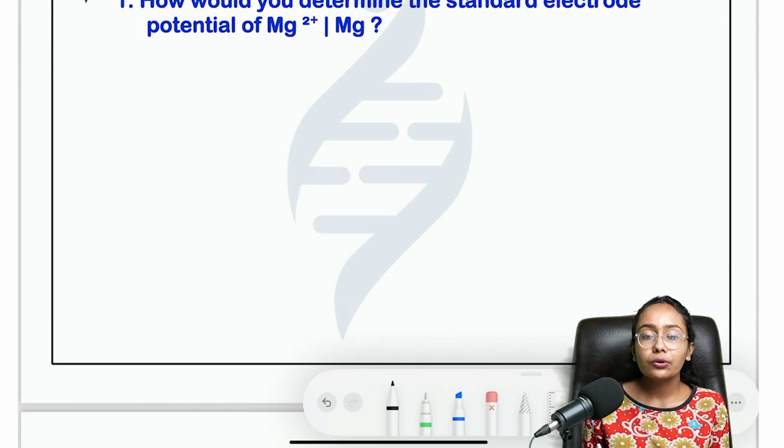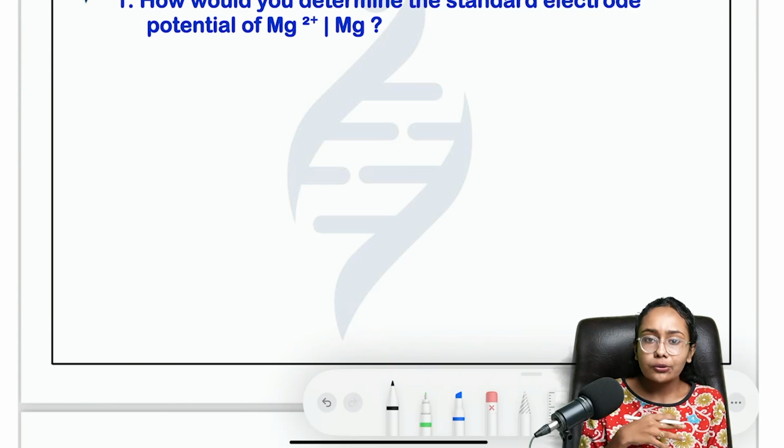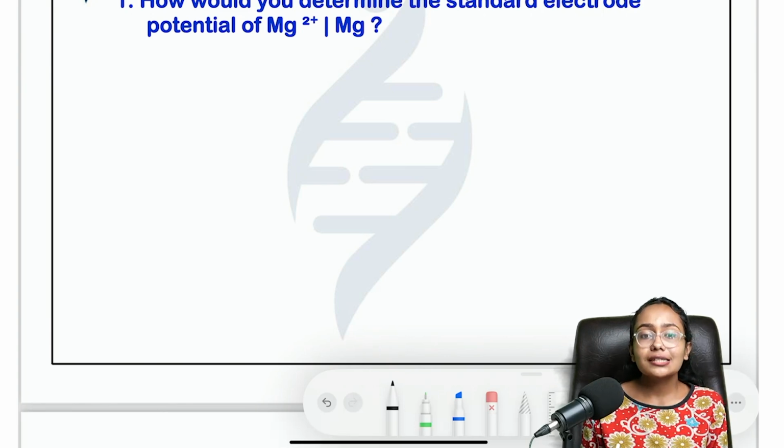I've already discussed in the previous session that if you are unaware of the electrode potential of any electrode, in this question magnesium, what will you do? You'll couple it with SHE, the standard hydrogen electrode. You'll react it with, or compare it with, the standard hydrogen electrode, and likewise you'll be able to determine the unknown potential of any electrode.